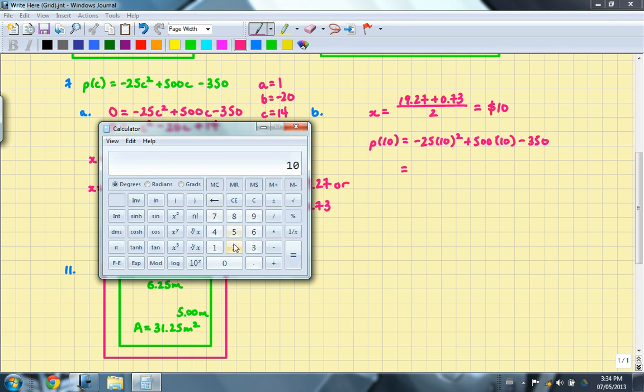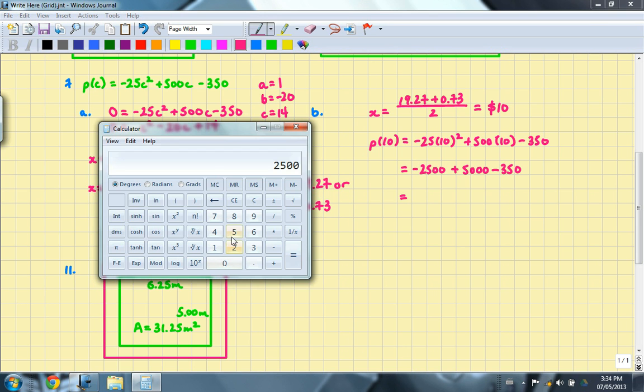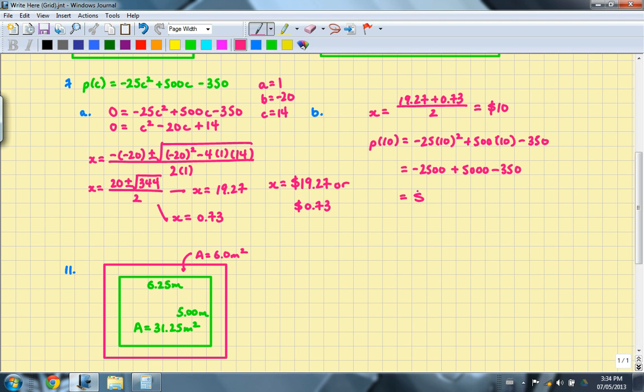So this would be negative 25 times 10 squared, which is negative 2,500, plus 5,000 minus 350. So that's going to give you a max revenue of $2,150.